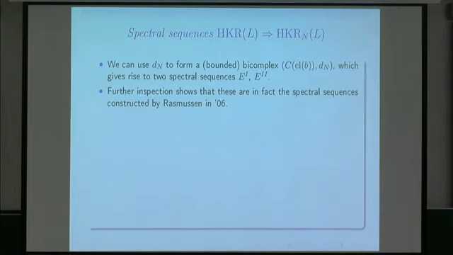And in fact, we can inspect and check all the gradings of the differentials and see that these are in fact versions of the spectral sequence constructed by Rasmussen in 2006. Notice we are doing unreduced homology.